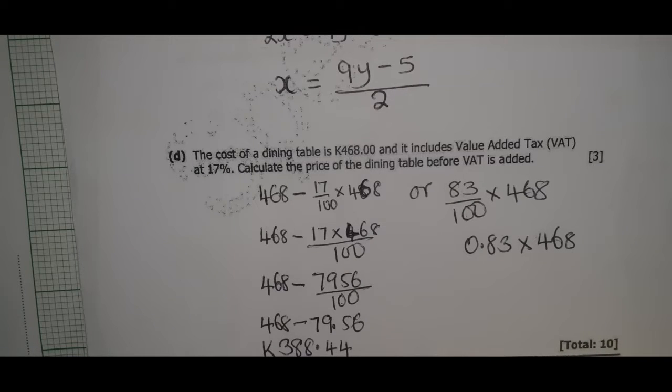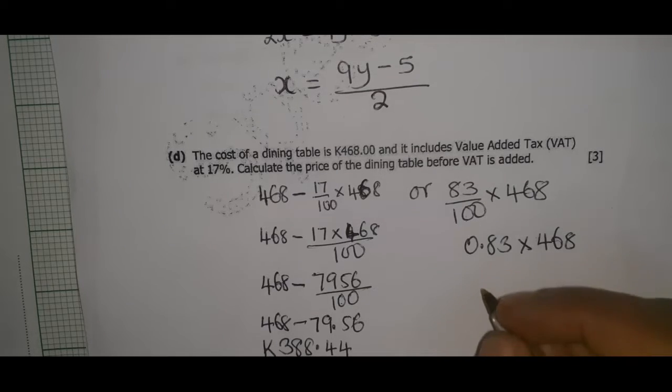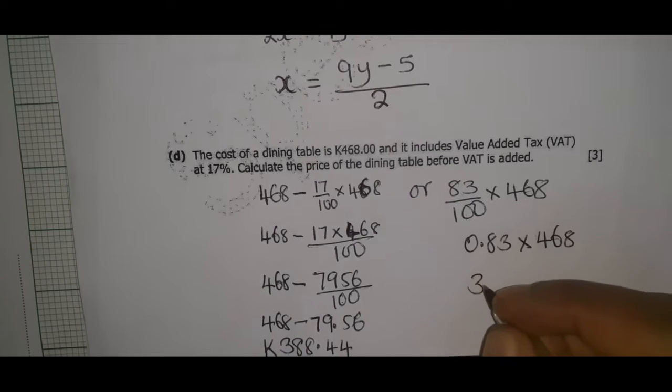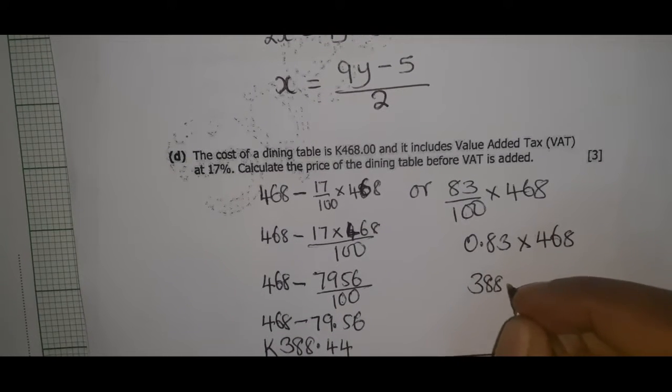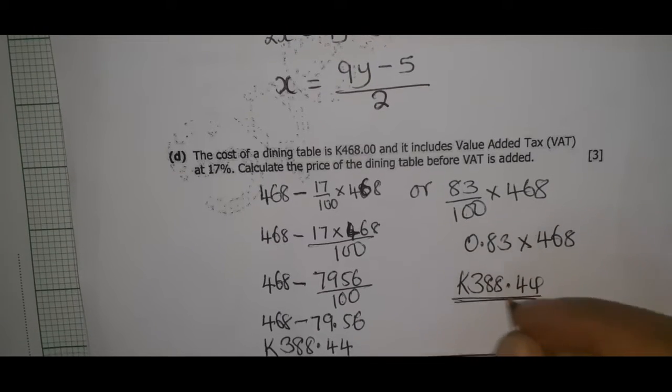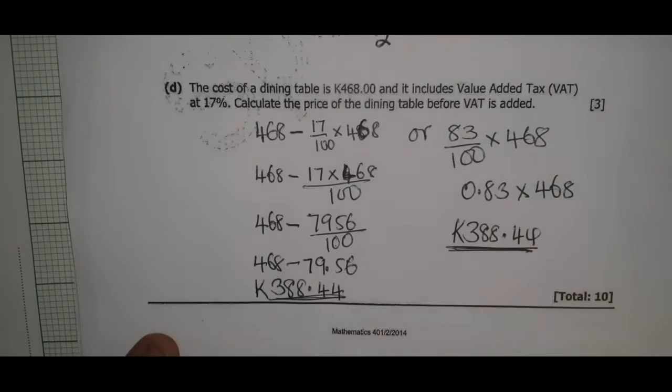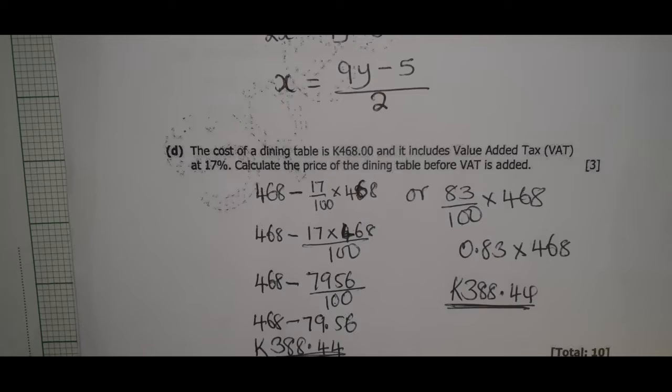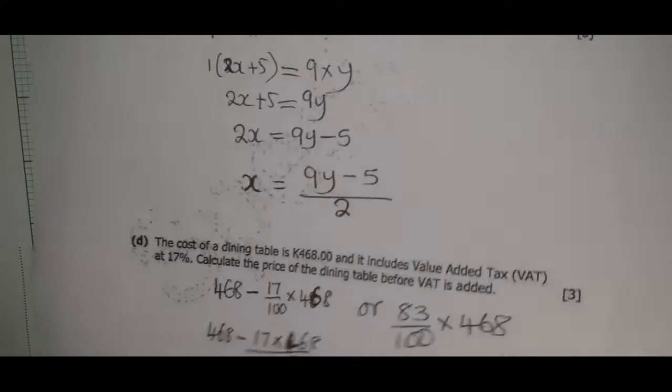What are we getting? We're going to get the same amount even here, 388.44. That's the amount that we're going to get, even here and here. So we're getting the same amounts. So this was question 1. Let's go to question 2.